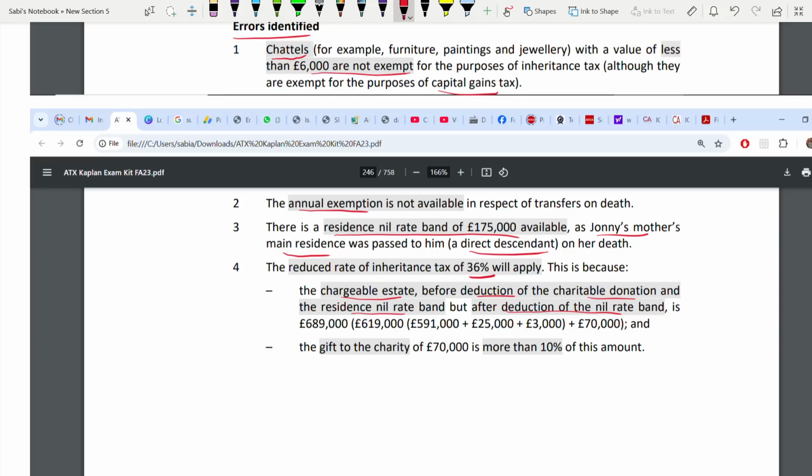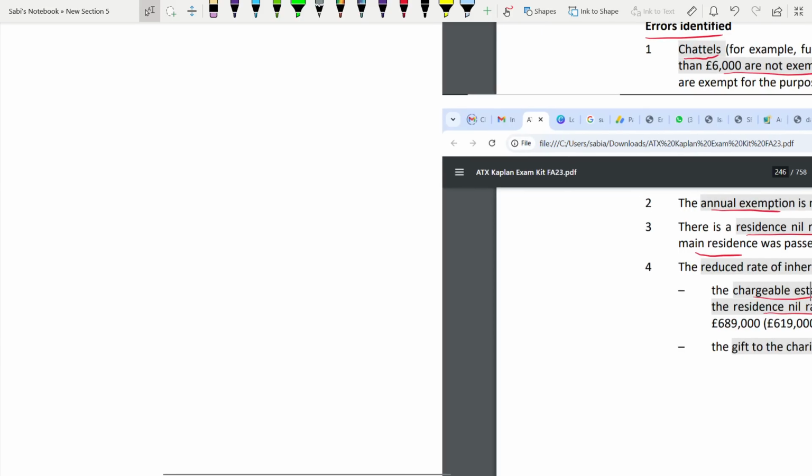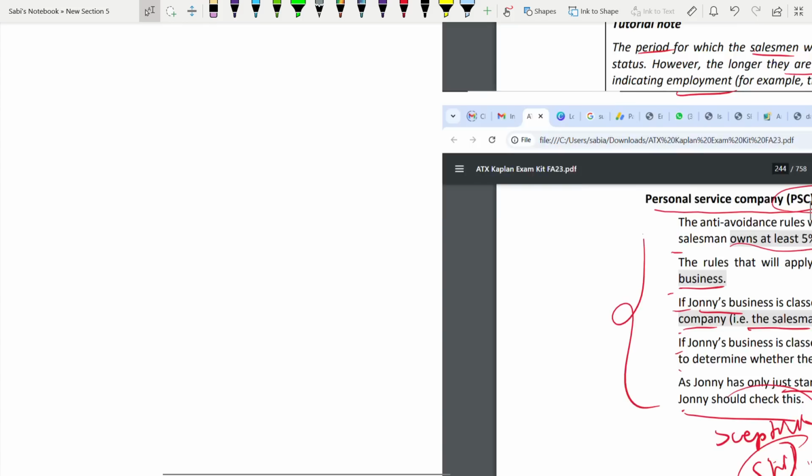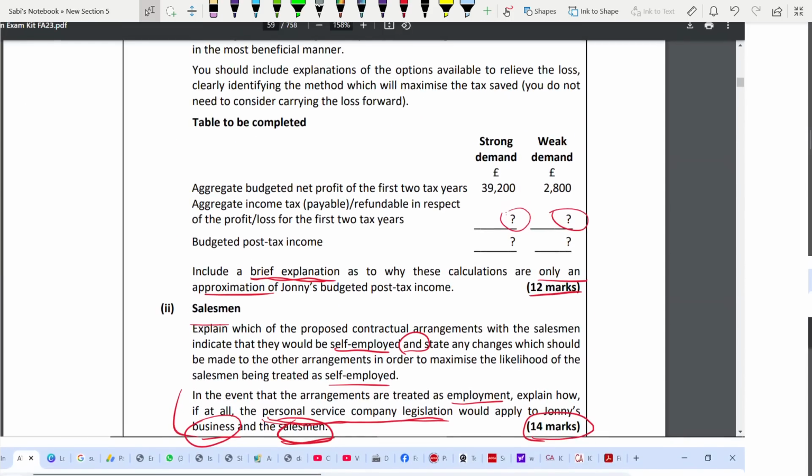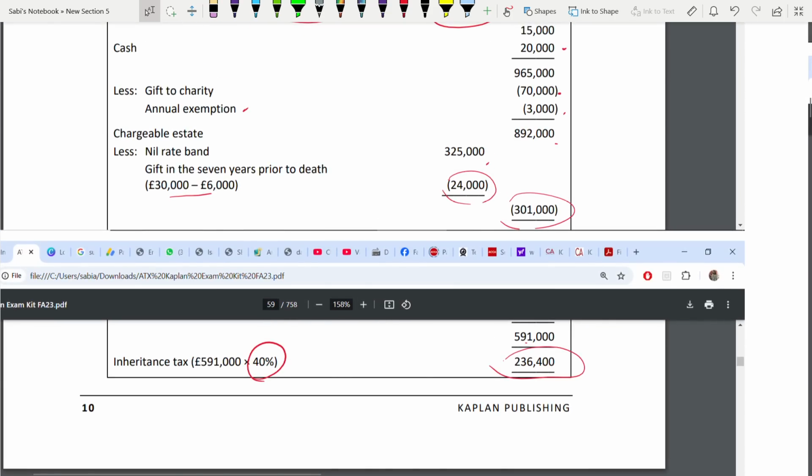So what is the chargeable estate? You start from here. From 591, how much you have left to charity? 70.